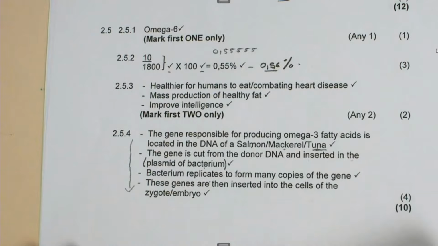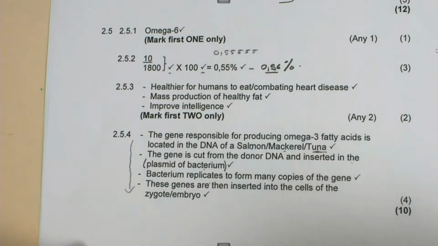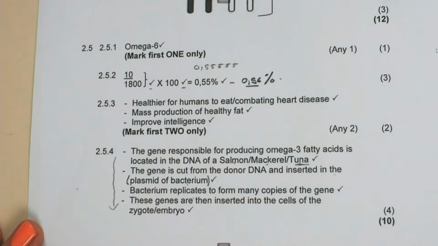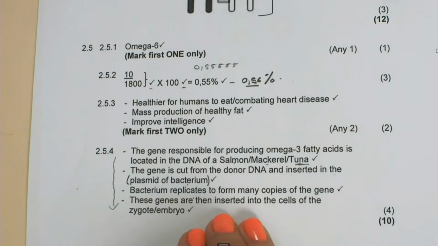So that is question 2.5. Just a comment on this one: you will see, especially in paper 2, you must have the basic knowledge, but we apply it to an example. As the next question, we will have to apply speciation onto an example.